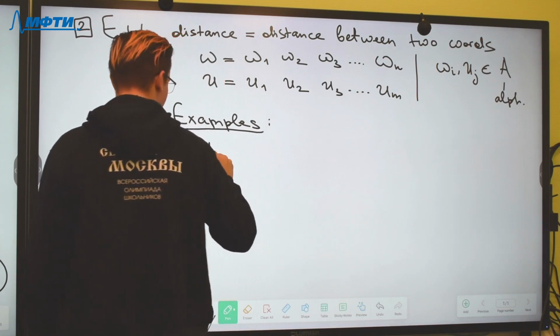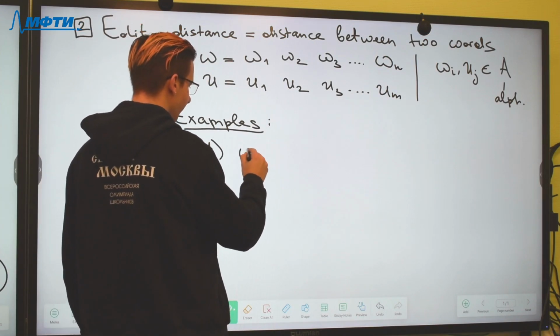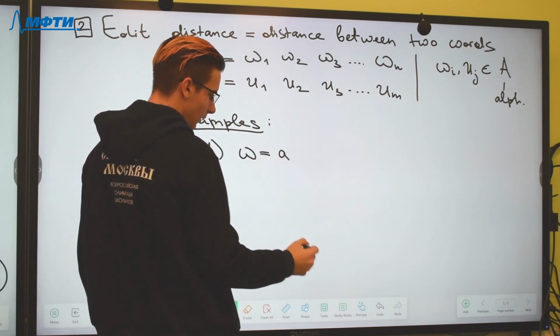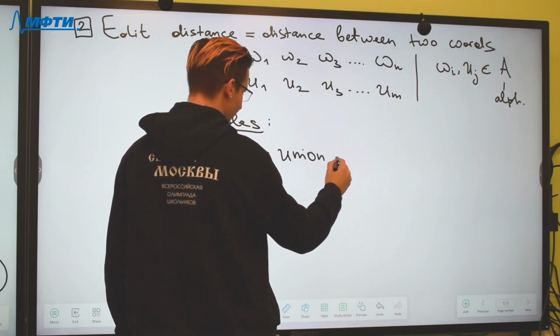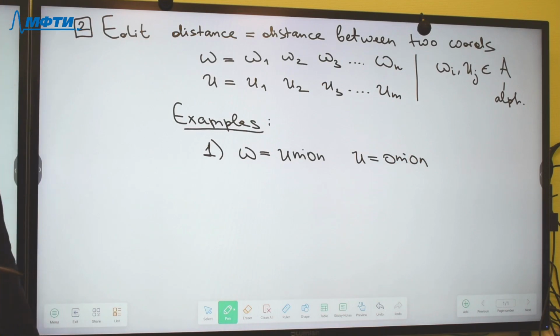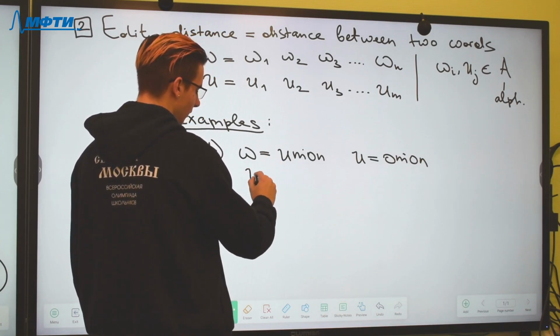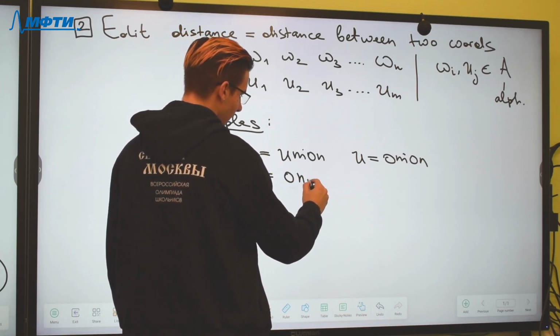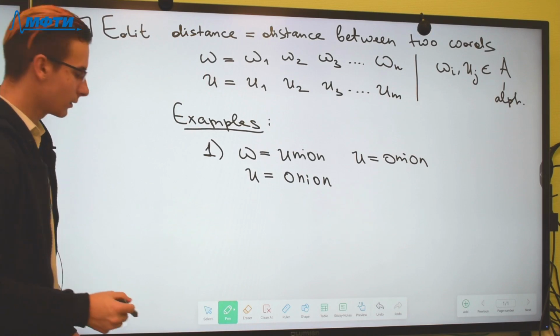Examples. Firstly, for example, we have two words, for example, union and no. You can see that we can draw these two words one character under the other character.